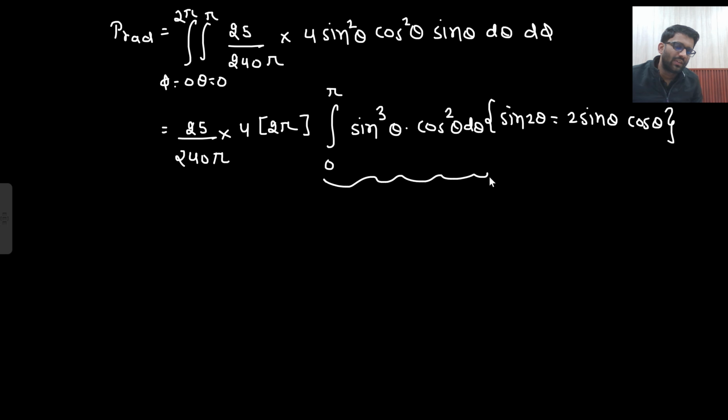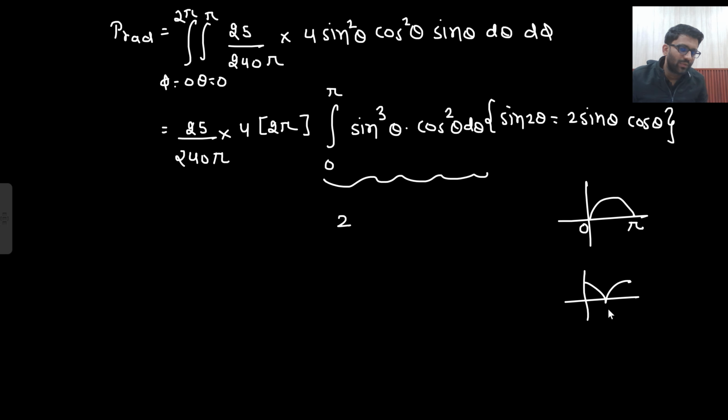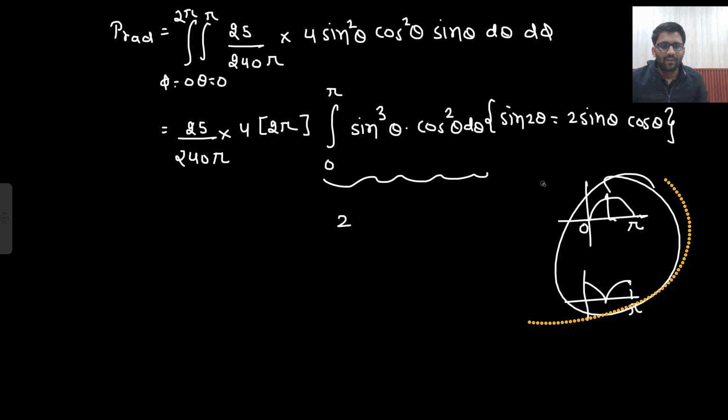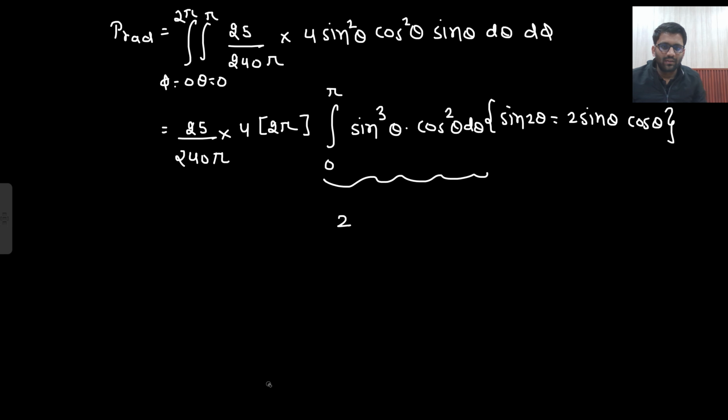So now let's solve this one. First, double. Why is that so? Because sine cube theta will be positive between 0 to pi, and cos square theta will also be positive between 0 to pi. So whatever is happening between 0 to pi by 2, the same is happening between pi by 2 to pi as well, right? So this will be doubled. Now I know the answer for 0 to pi by 2. What is that answer?